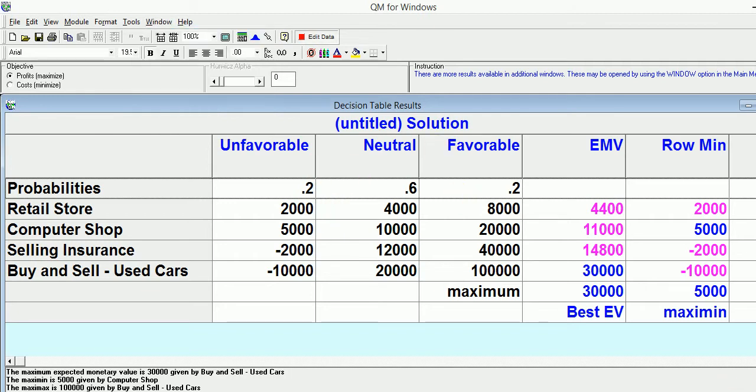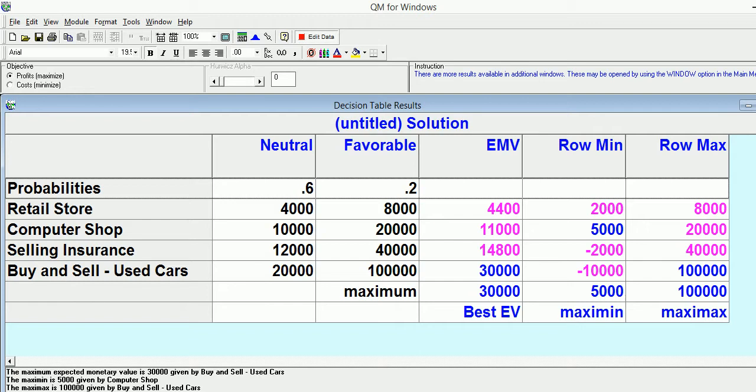Okay? So what does this tell you? Remember that analysis is also contained below. Here, if we read this, it says the maximum expected monetary value is 30,000 given by buying and selling of used cars. That is the maximum expected monetary value.